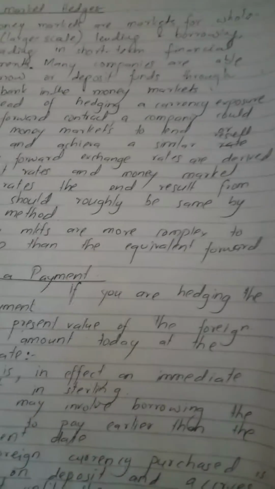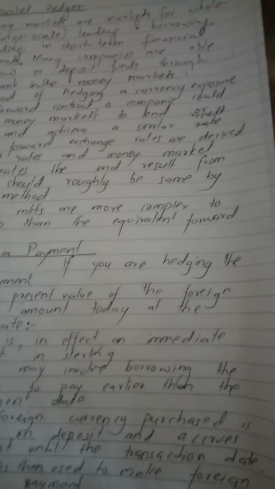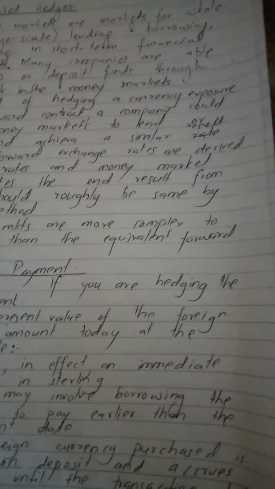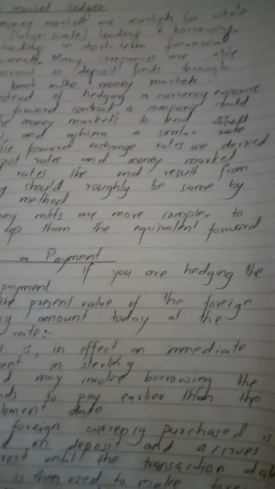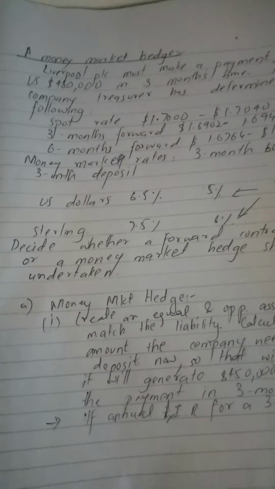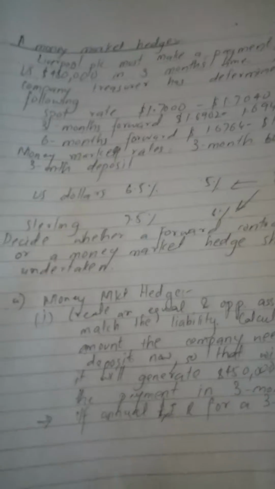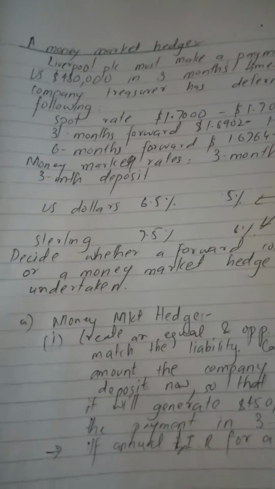So let's see with the help of an example or problem how we can solve this theory that we have taken into account, so that we can understand some of the basic scenarios. The topic is the money market hedge. Liverpool Public Limited Company must make a payment of US dollars 450,000 in 3 months' time.